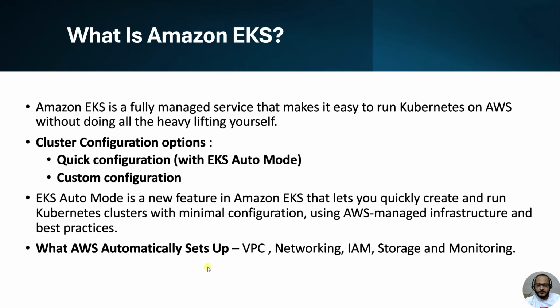AWS automatically sets up a VPC, networking, IAM, storage, monitoring. So a lot of things are already created or set up by AWS itself. Before going into detail on these two configuration options, let's go to the AWS console.